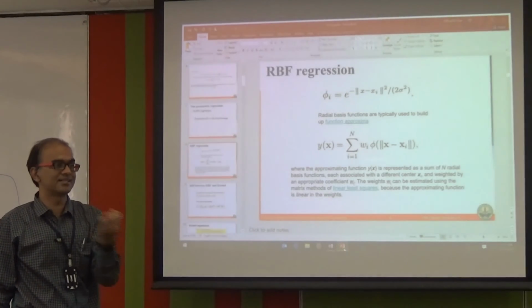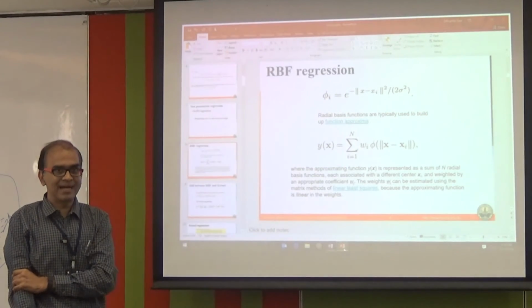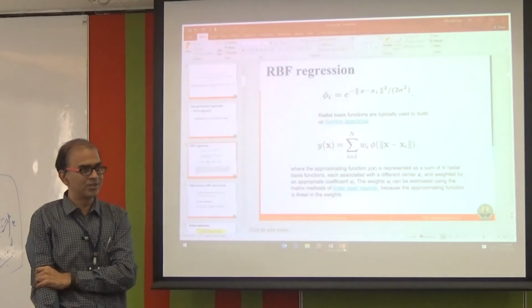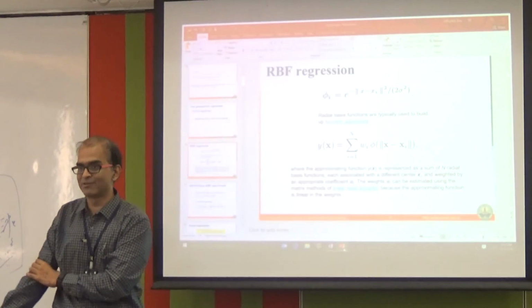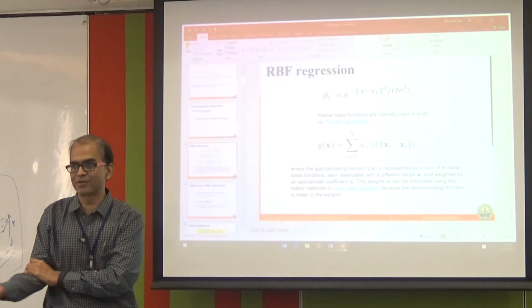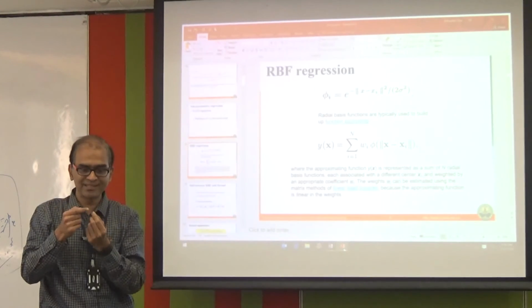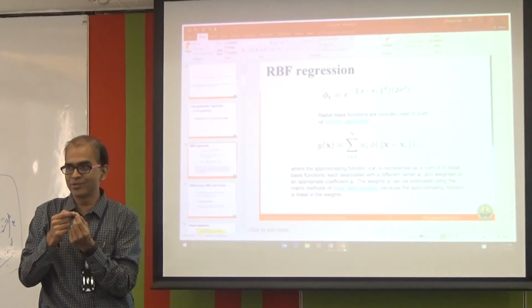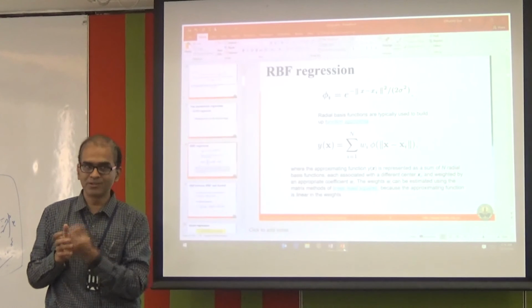Any point is a weighted sum of all the points around it. So y at a point i is equal to W1 Y1 plus W2 Y2 plus W3 Y3 plus W4 Y4. I just need a way to figure out what those W's are. Intuition-wise, closer points get a higher W and farther away points get a lower W. That's what we will do after the break.